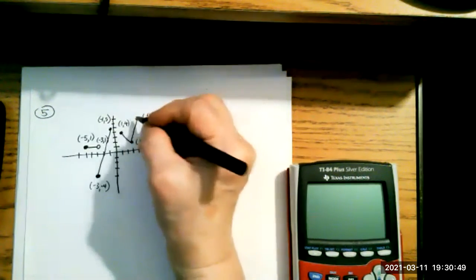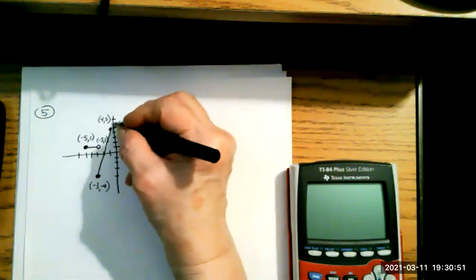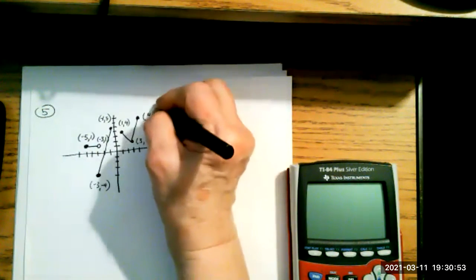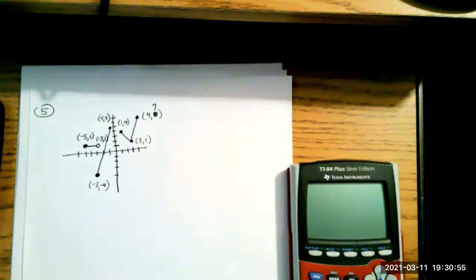Nope, that can't be 5. That's higher than that. 1, 2, 3, 4, 5, 6, 7. That's 4, 7.